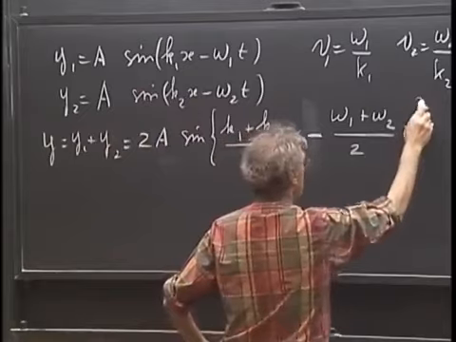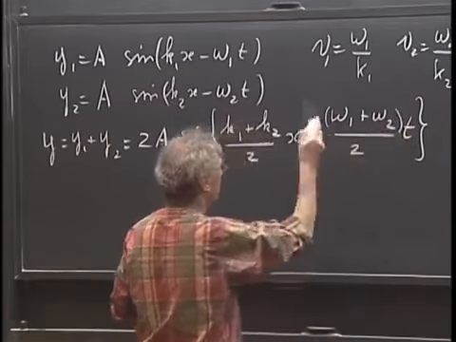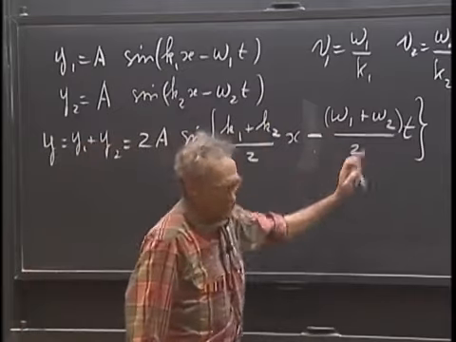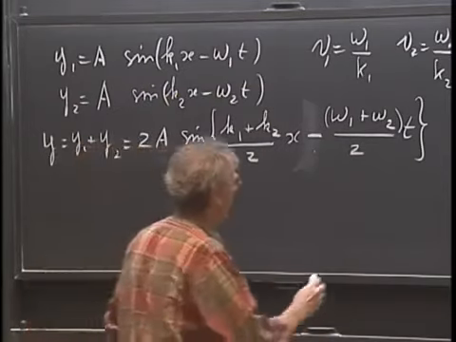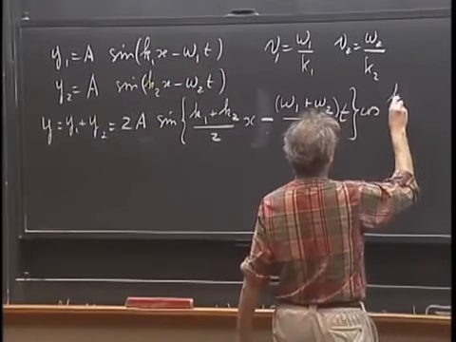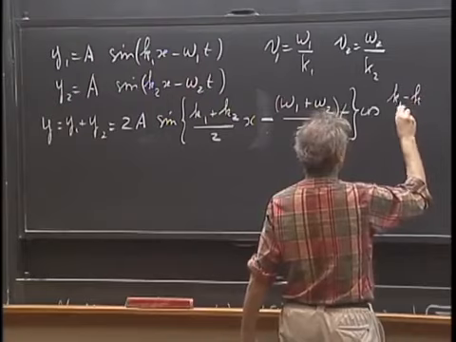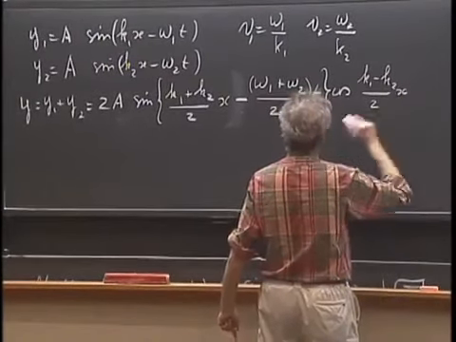So that is the sine of half the sum. I should put brackets here so that the minus sign holds for here and for there. And I have to multiply by the cosine of half the difference. So I get k1 minus k2 divided by 2 times x.